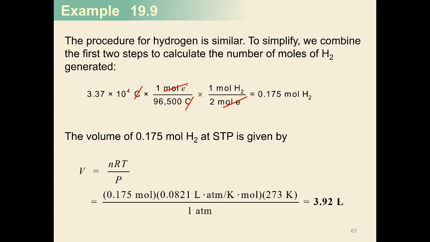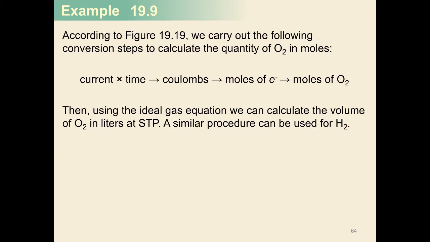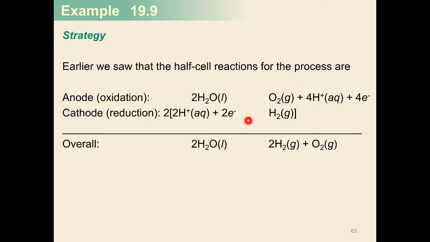The same goes for hydrogen. So again, you have the amount of coulombs, and this is the moles of electron. Now, why is this 2? This is from our equation, 1 mole of H2 is formed from 2 moles of electron.